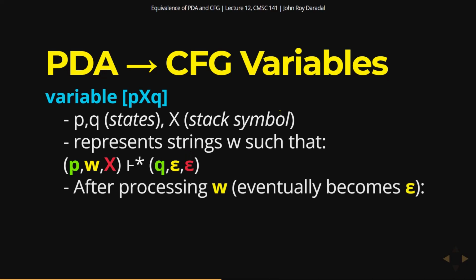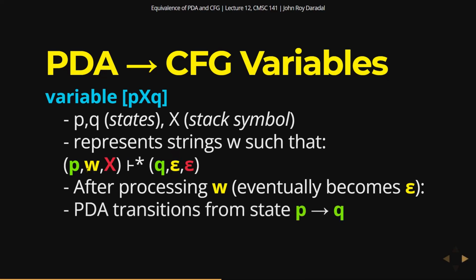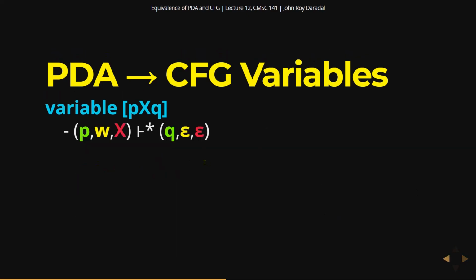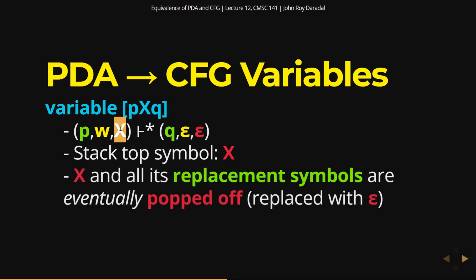So after processing W, the PDA transitions from state P to state Q, and the stack top symbol X and all of its replacement symbols are eventually popped off or replaced with epsilon. So that is what we mean by PXQ.